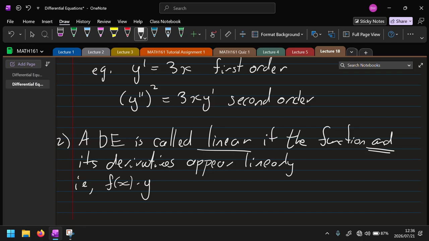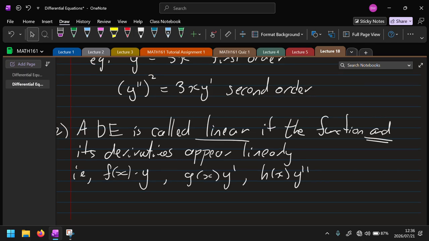It can't be y squared. It can't be e to the y or cos of y. All of those are non-linear. So we could have something like this. Maybe some function times y prime, some other function times y double prime. But again, y and its derivatives only appear linearly. There's no y squared or cos y or anything like that.